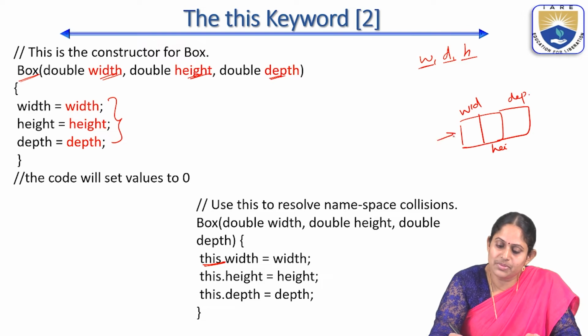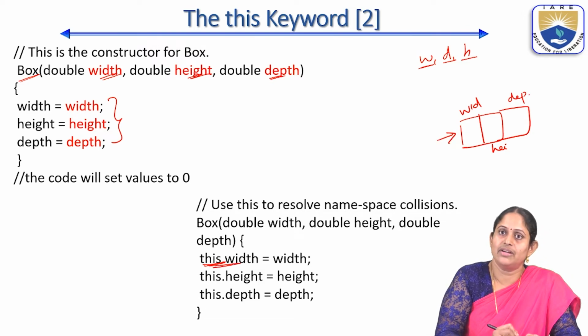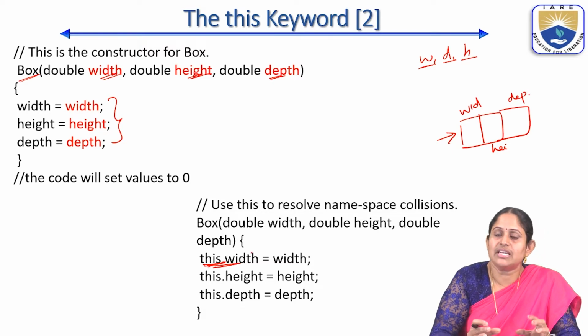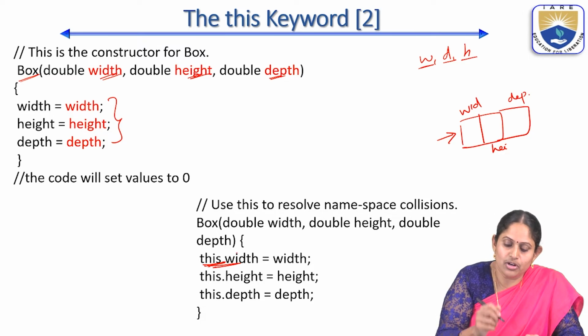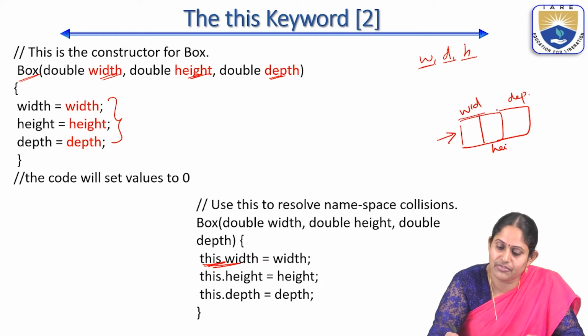So this object's width can be accessed like this, with this.width. So when you call this.width, whichever object was being invoked over there, it points to the object which has been invoked here. So this.width means it is referring to this object.